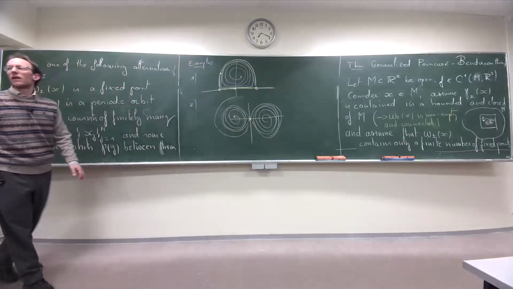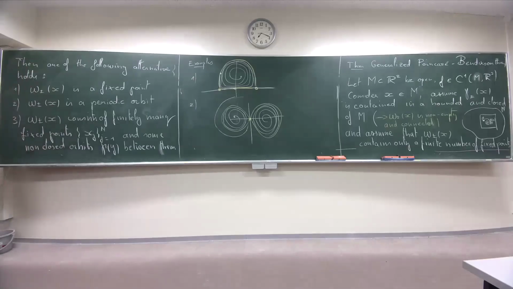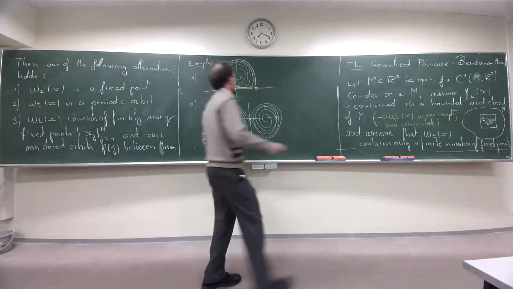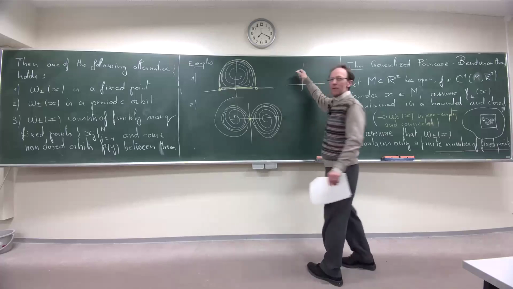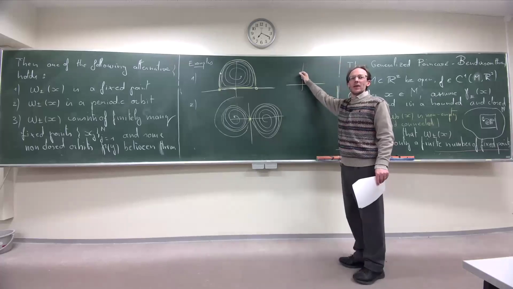Yes? What about the periodic orbit containing a finite number of points? Because doesn't it have an infinite number in R? No, but look, it's for a given x. So we can have this picture and maybe we can have it a second time here. There is no contradiction.